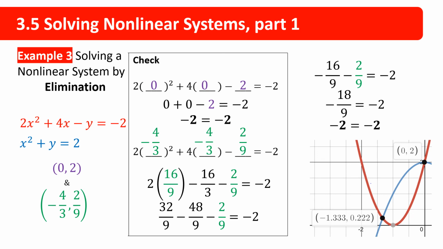So although the fractions were not as easy to deal with as the integers, it still works, and it tells us that these two parabolas intersect twice, once at the point (0, 2), right on the y-axis, and also at (-4/3, 2/9).